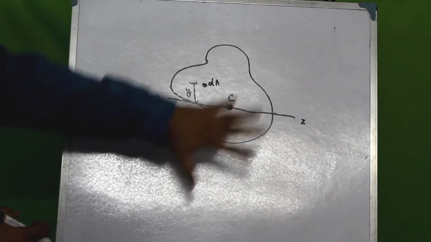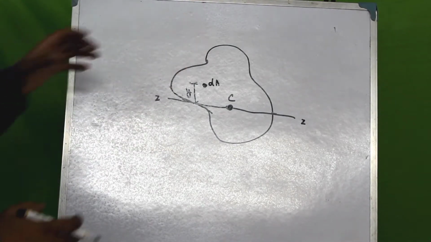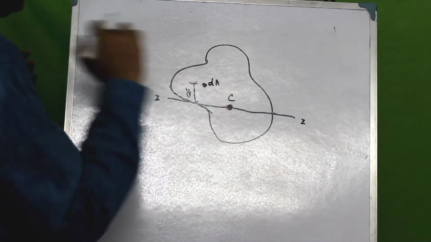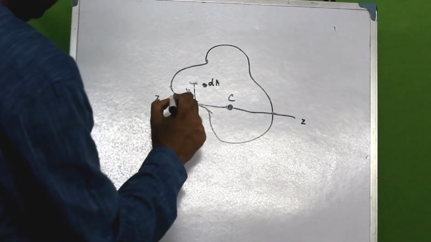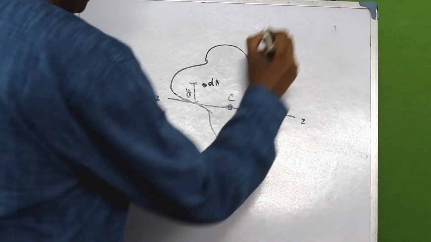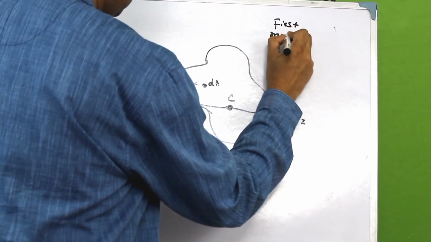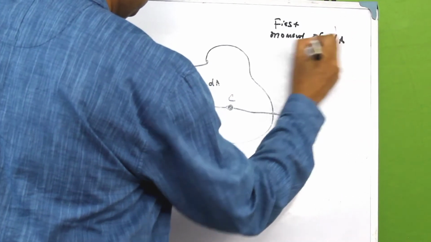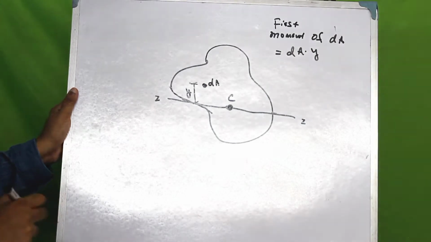Now, the whole cross section is made up of numerous elemental areas, right? Now, the first moment of the area dA about this axis would be represented as dA into y.